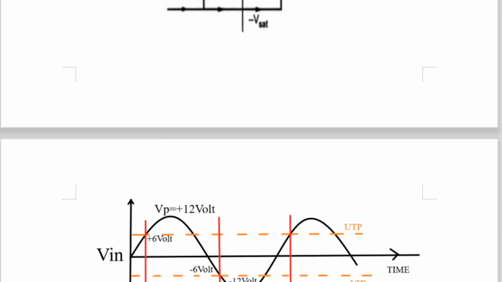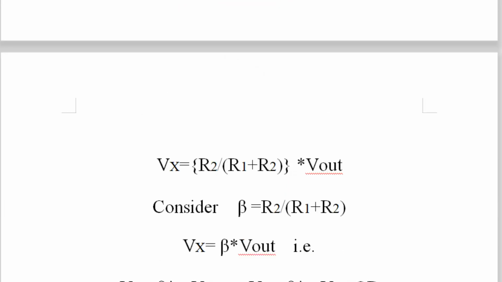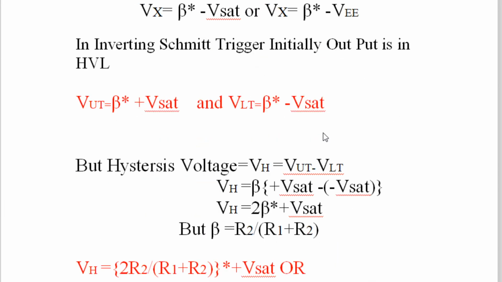Now let us come to the hysteresis voltage. VH equals VUT minus VLT, and you know the equation for VUT and the equation for VLT, so it is very simple. VUT, the upper trigger point, is beta times plus Vsat, and minus VLT is minus beta times minus Vsat.